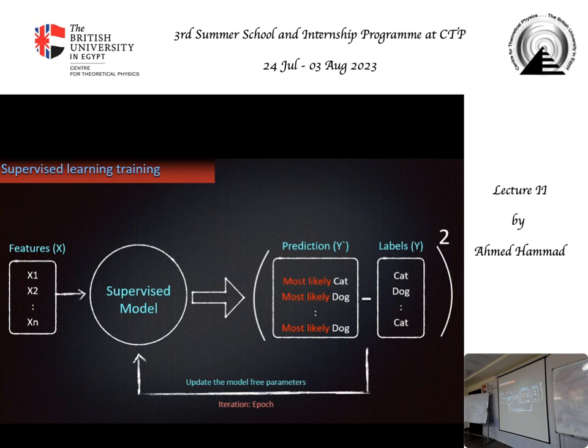Every time we make predictions, we compute the error function, and the error function tells you how wrong the predictions of the model are from the actual value, the true labels that you have. Once we compute this loss function, we can update the weights.